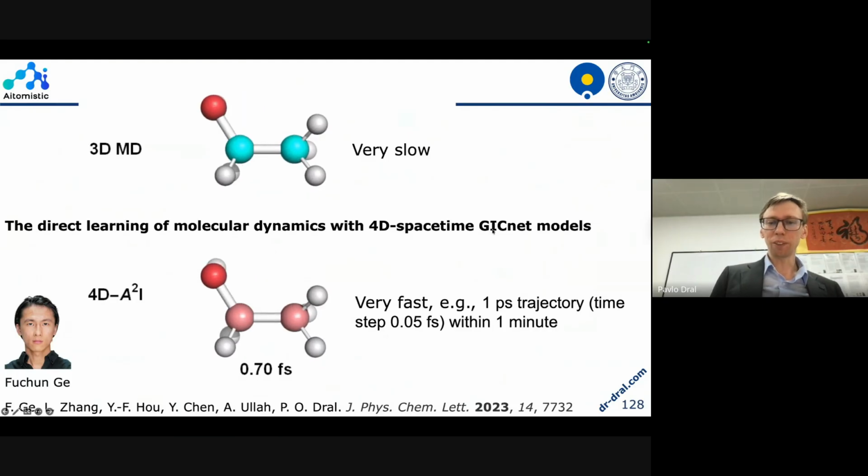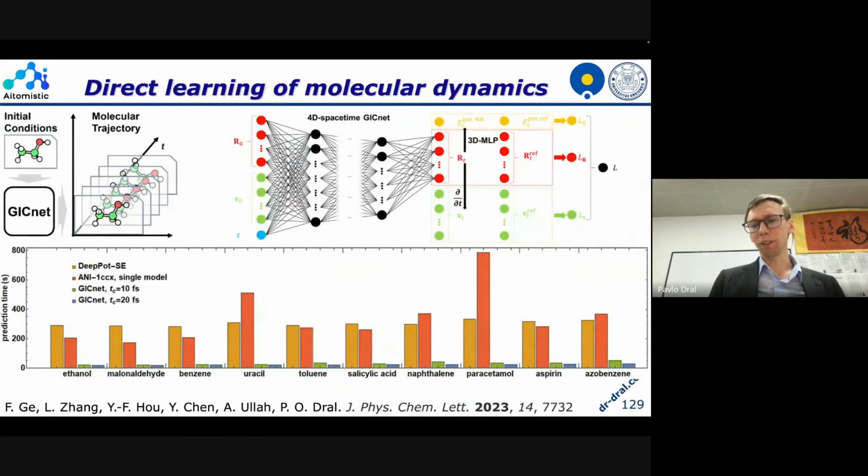It is much faster than machine learning potentials because you don't need to do the step-by-step integrations. So okay, that's a simplified way of showing it, but here is a timing comparison with different machine learning potentials like MolMod-CS, which you're already familiar with. I showed it a lot. And this 4D space-time model, which predicts nuclear coordinates directly, is 100 times faster than even MolMod-CS, which is already very fast.